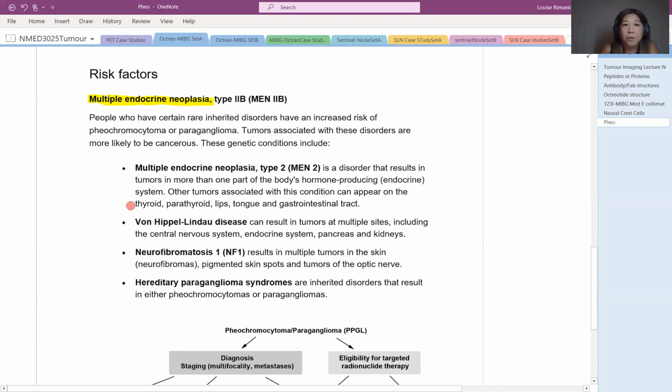And these tumors can appear in the thyroid, parathyroid, lips, tongue, and GI tract. There are a number of other conditions that may be related to pheos as well, but we won't go into those. You may be studying those with Ali.